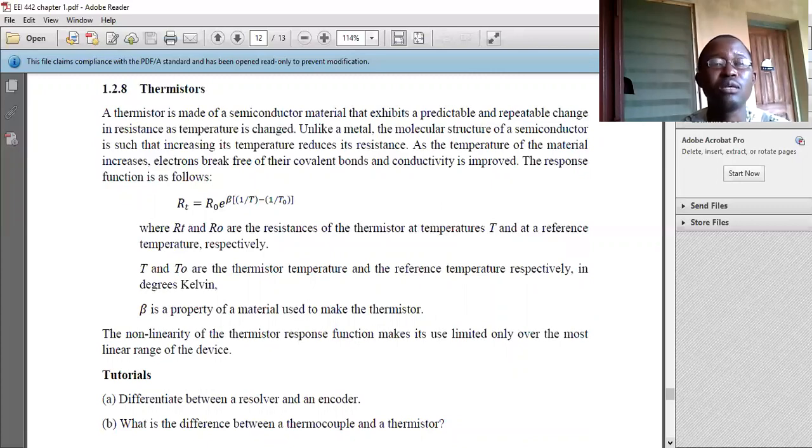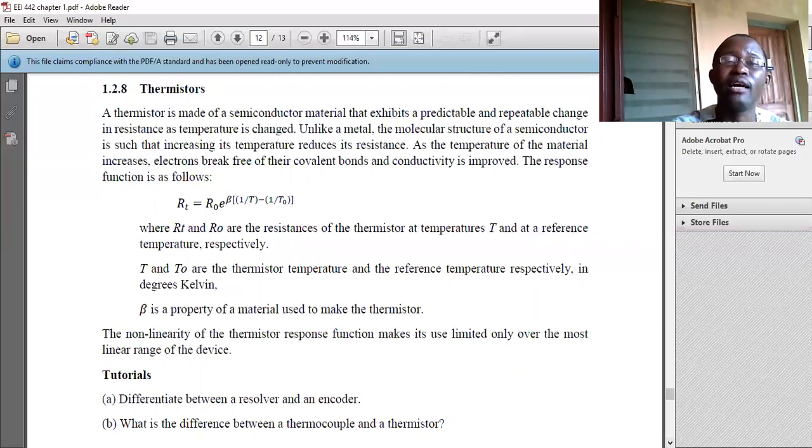The molecular structure of a semiconductor is such that an increase in temperature reduces its resistance. So as the temperature of the material increases, more electrons break from the covalent bonds, and you have an increase in charge carriers that results in higher conductivity of the material.